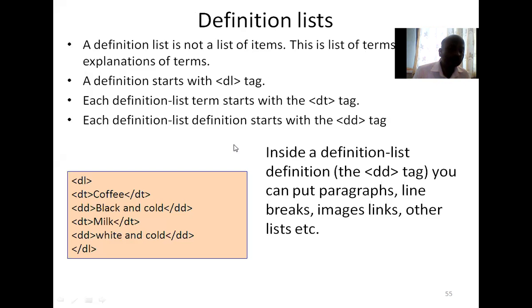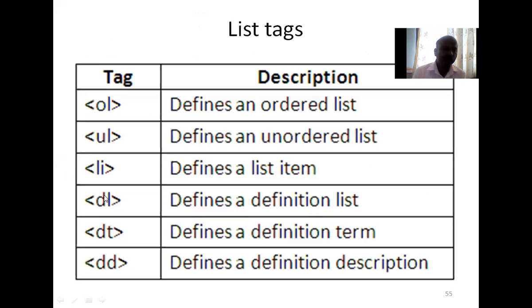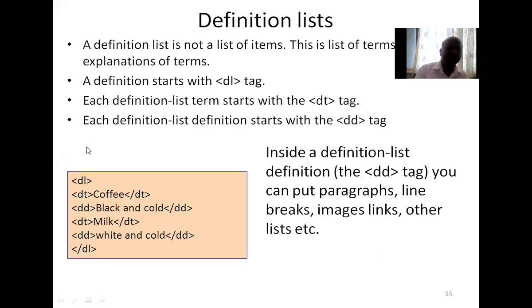Then we are going to write a definition list. A definition list is not a list of items, but it gives the definitions of listed terms. For example, here we write the definition list containing, suppose, the element coffee, and we write the definition regarding this coffee, that is black and cold.